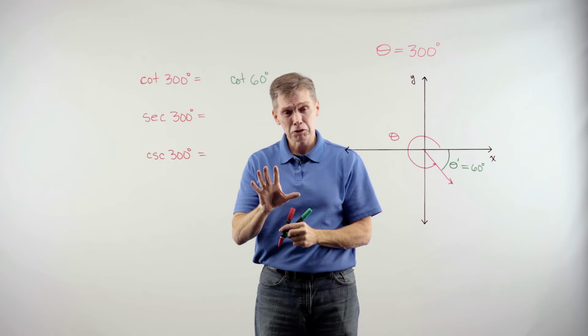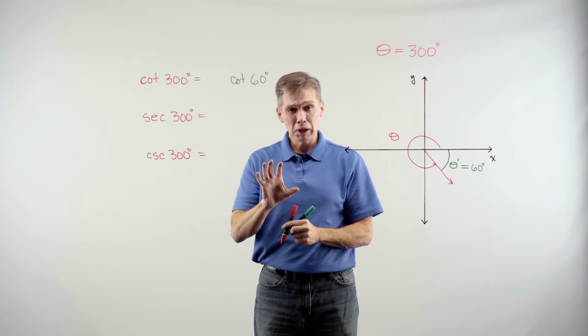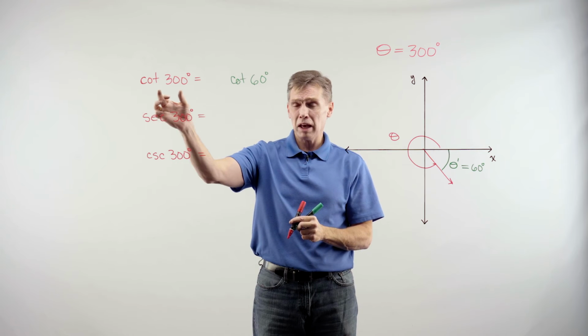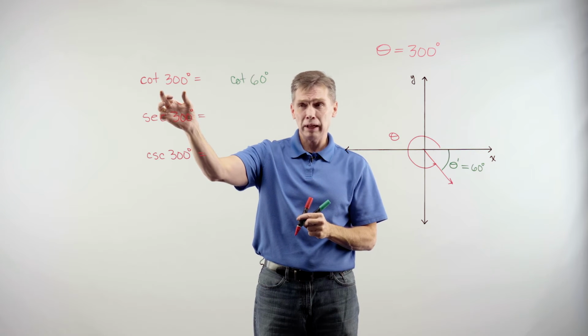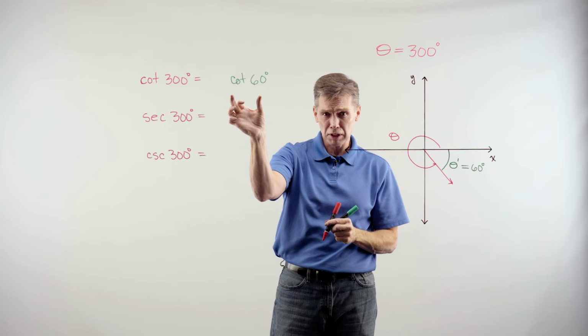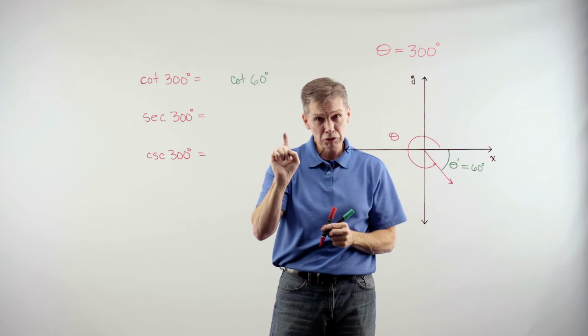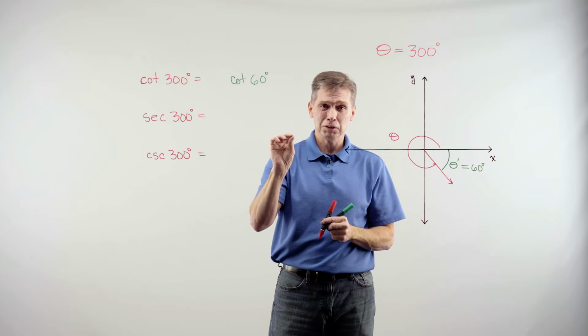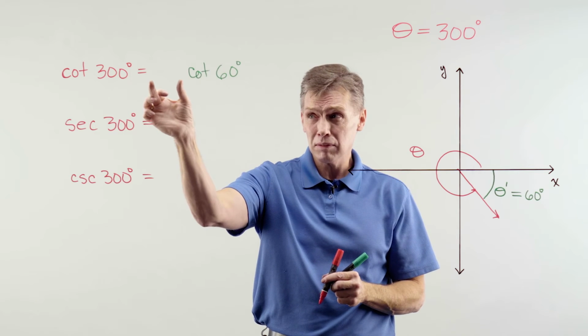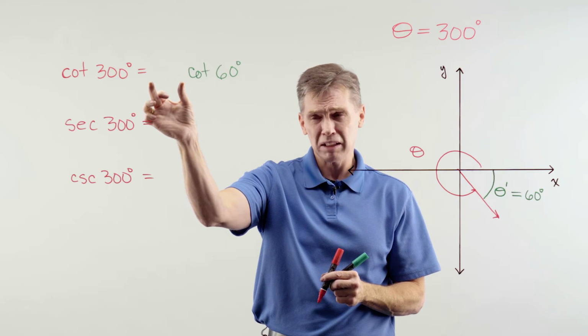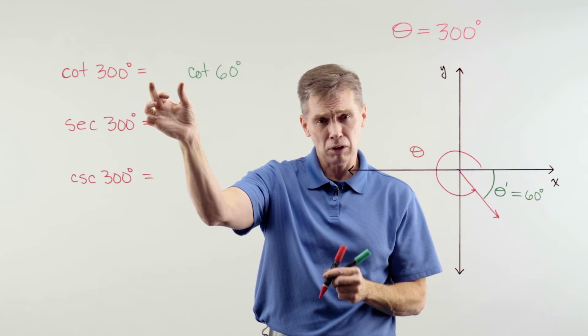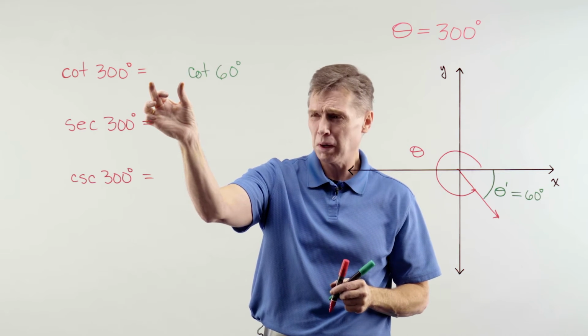And I know you would have learned this, but here's the point: we're able to find these trig functions of any angle. If we relate it to the trig function of the reference angle, it's only going to possibly differ by a minus sign. Okay, so I'm going to leave that blank for a second, and we'll come back and decide whether it needs to be a minus sign or not, and talk through the logic of that as well.